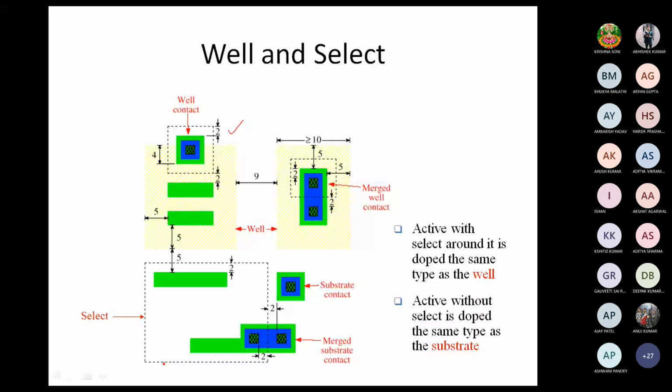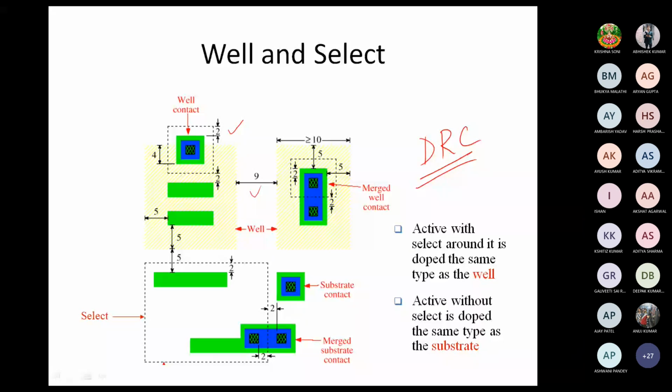If there is any violation of a rule, there is something called a design rule check that can be done to find out where these rules are being violated.